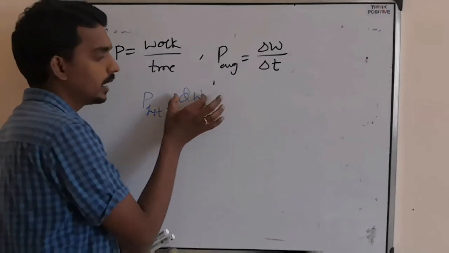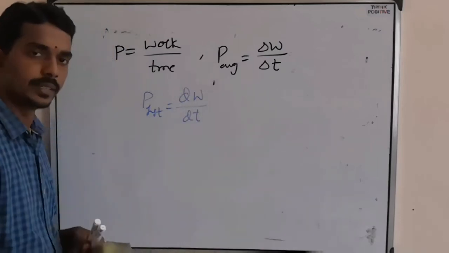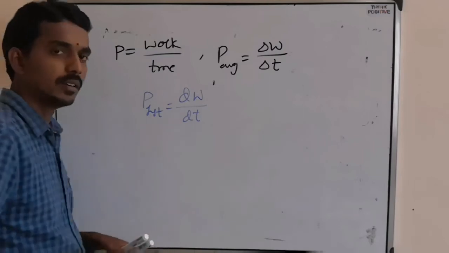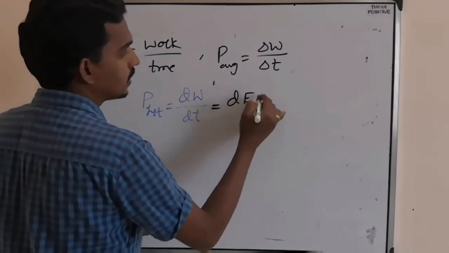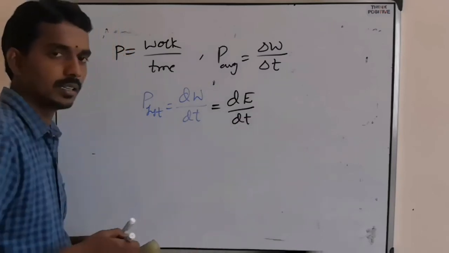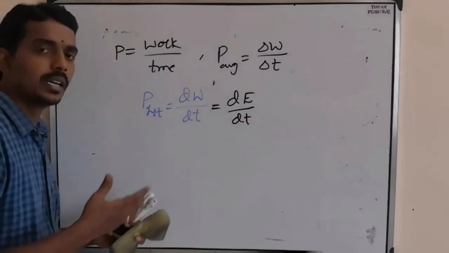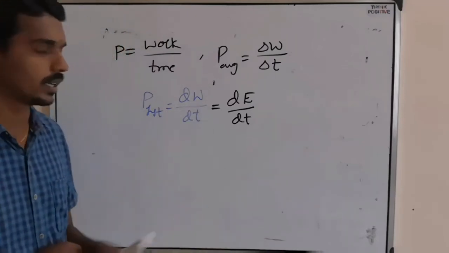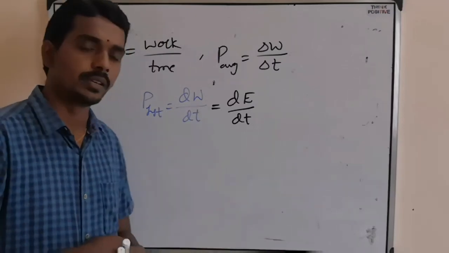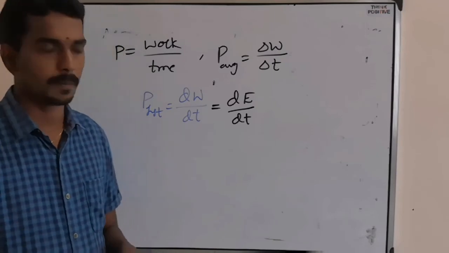Instantaneous power is nothing but dW by dt. Rate of change of work or rate of change of energy, d by dt, because work is nothing but energy. So in such a situation also you will use the differentiation application.